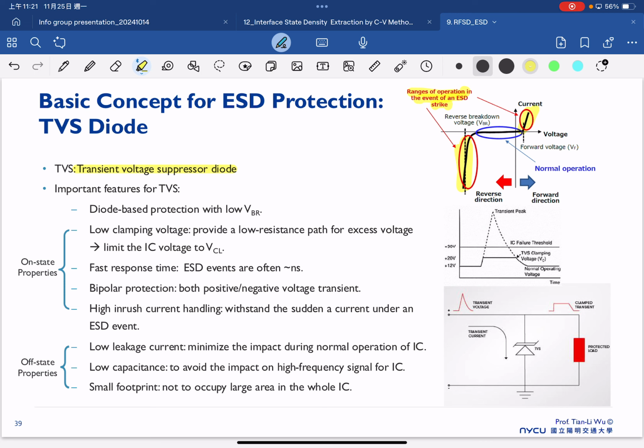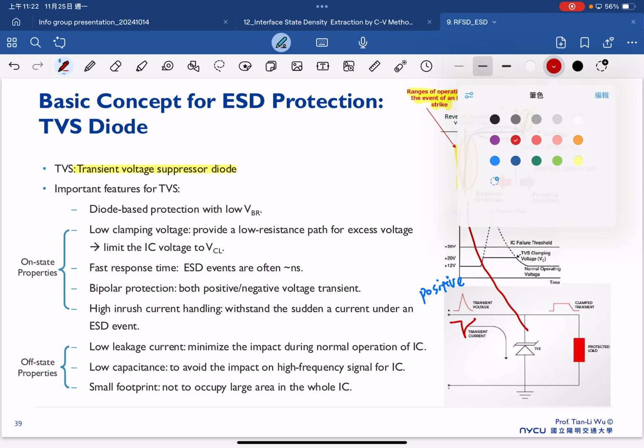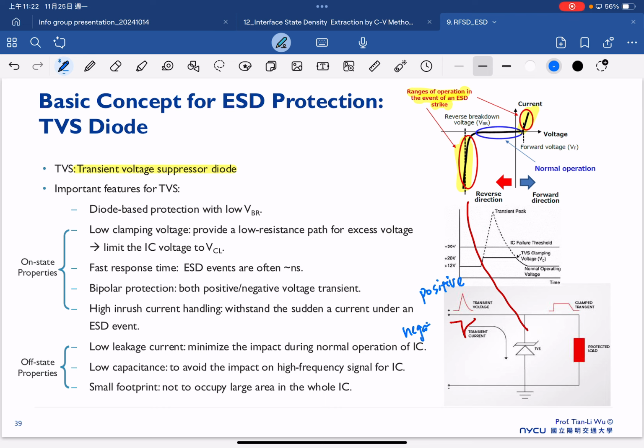So the idea is that if we can operate in this region, then once we have the positive ESD testing, or negative, if the device can be operated in this high current region, that means the current can flow away through this TVS diode.